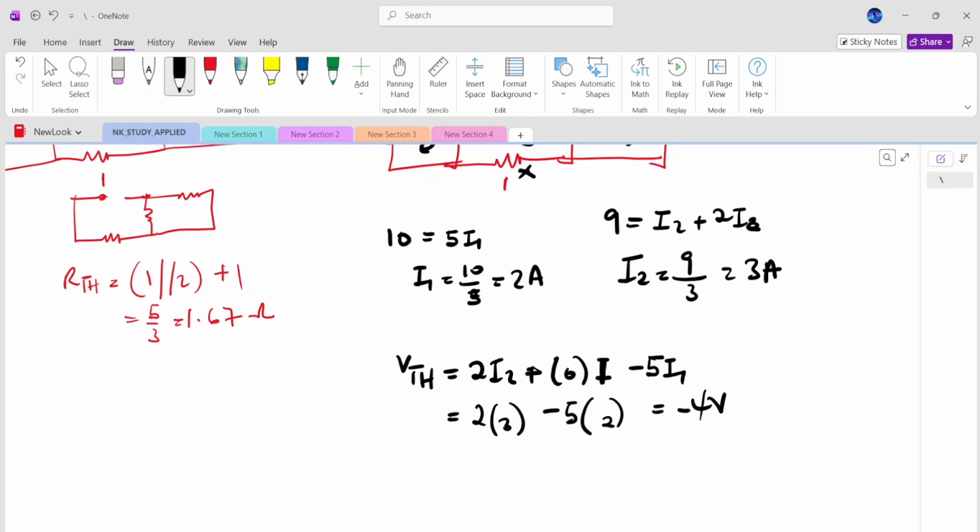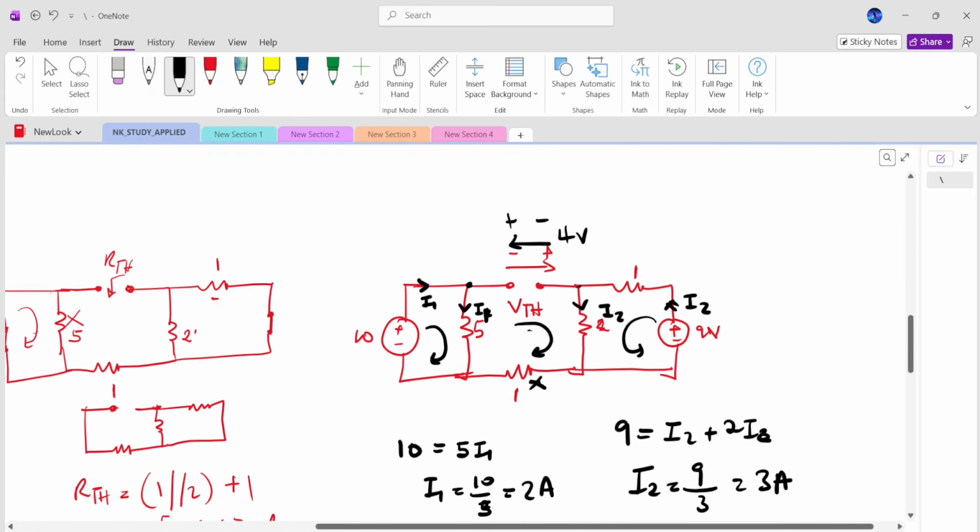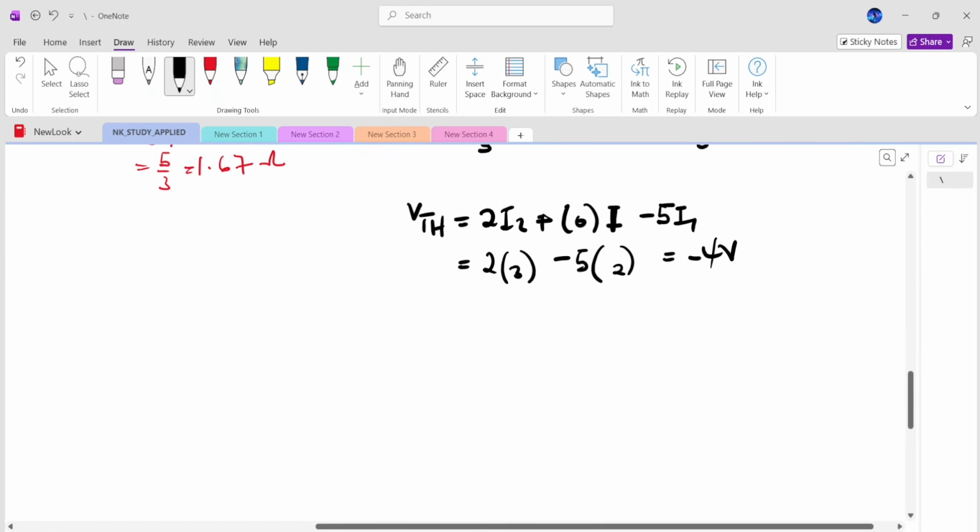If they assign the direction of VTH for you, then you should get their answer rightly. So assuming this question, they are the way I assumed it, that's how the question assumed it, then your answer should be -4. But if it's not giving the direction of VTH, the positive value is what we always pick.